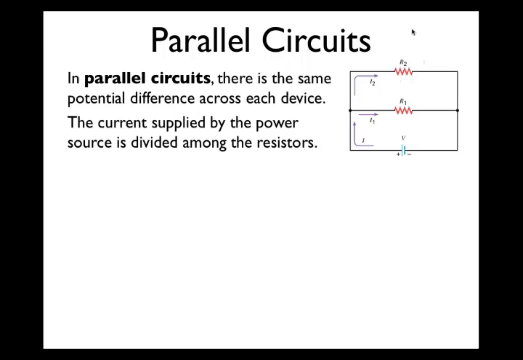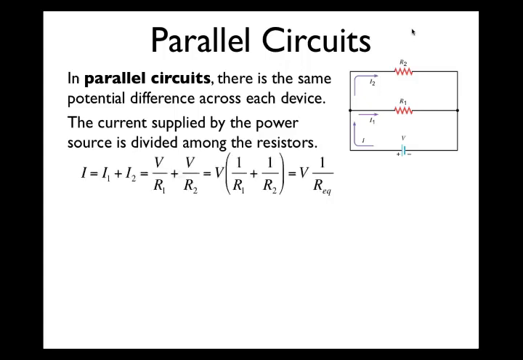If you have more parallel branches, by the way, the current splits into more sub-amounts of current and goes through each of those resistors according to how resistive each path is. So if the current I splits into I1 plus I2, we can use Ohm's law to say I1 is V, the potential difference across R1, divided by the resistance of R1.